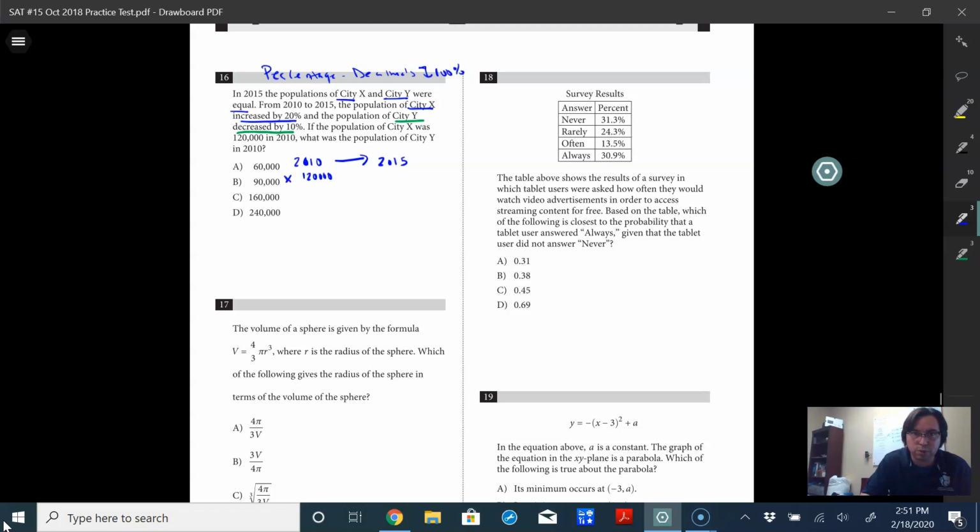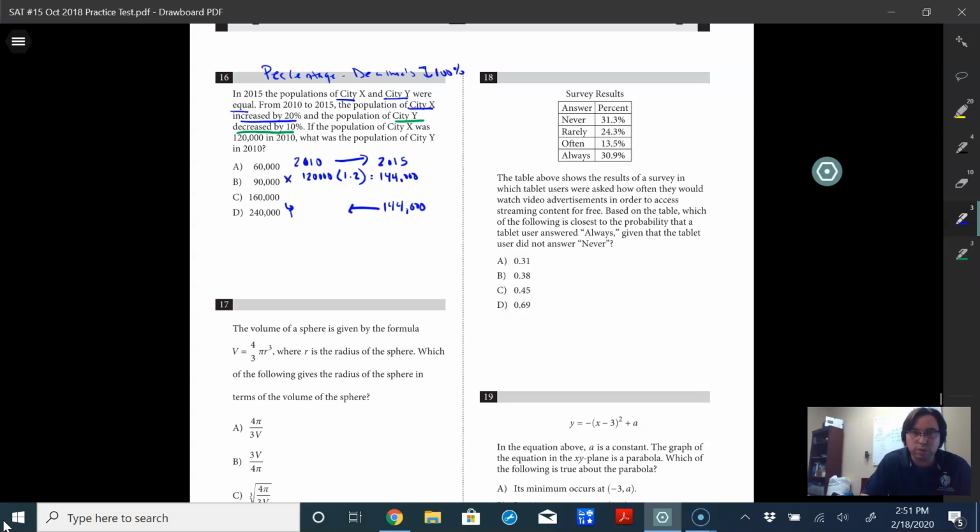So we multiply this by 1.2, and that gives us a value of 144,000. Now, keep in mind that the populations for Y and X in 2015 were identical. And for Y, there was a 10% reduction.